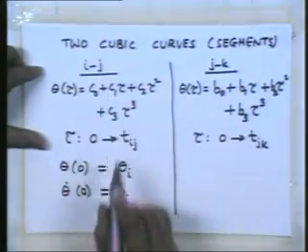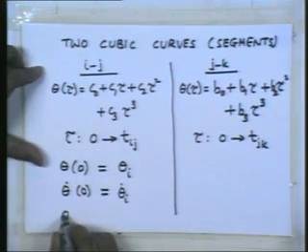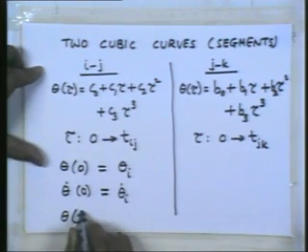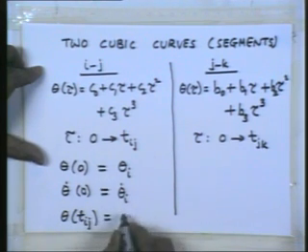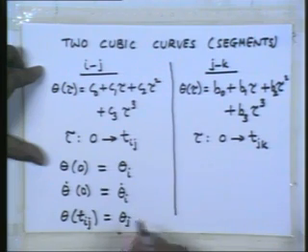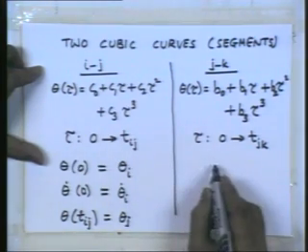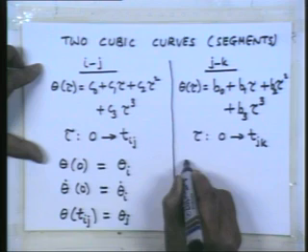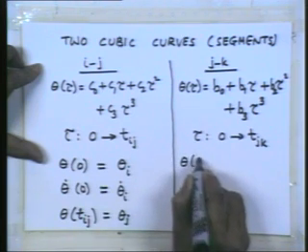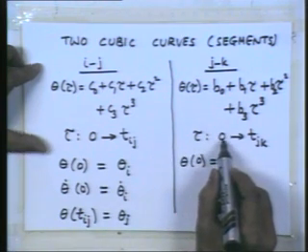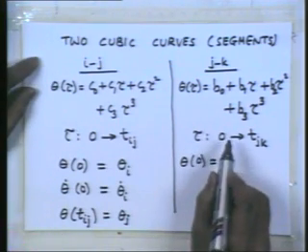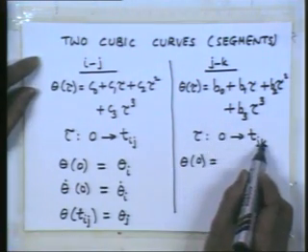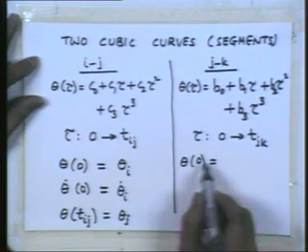Therefore, the profile should be such that at the time Tij, when tau is equal to Tij, theta should be theta j. Okay. Similarly, on this segment Jk, theta of 0, when tau is 0, that means you are referring to the position j now, because the time axis is a local time axis moving from 0 to the time period for that segment. So theta of 0 should be theta j.